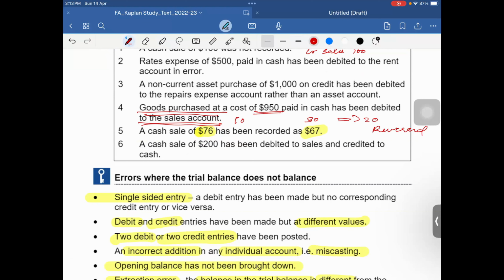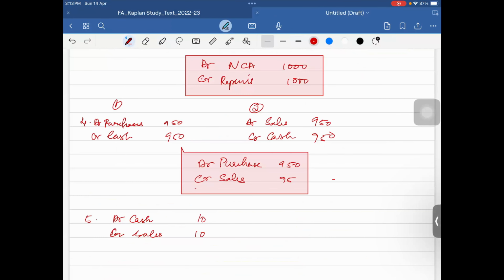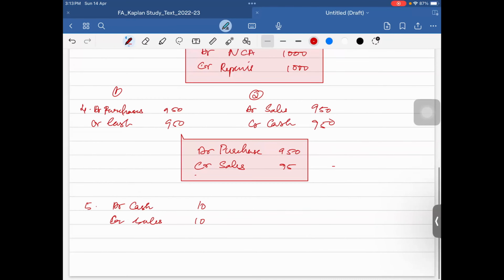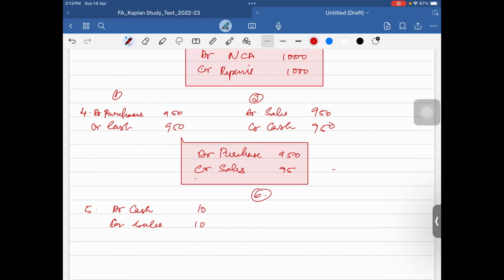A cash sale of 200 has been debited to sales and credited to cash. So there was a cash sale made, right? So the original entry is what? Original entry is debit cash, credit sales, 200.